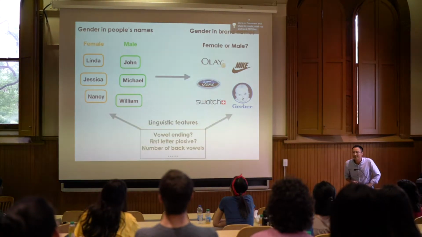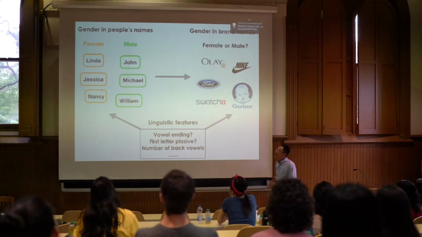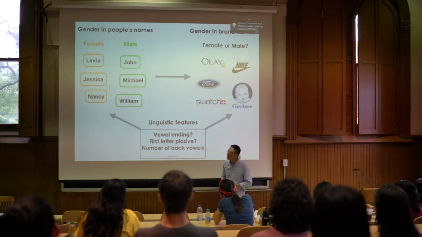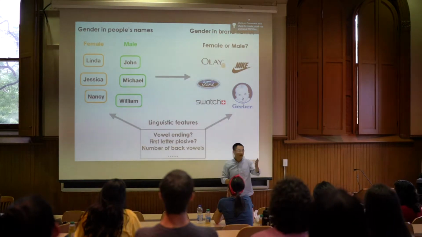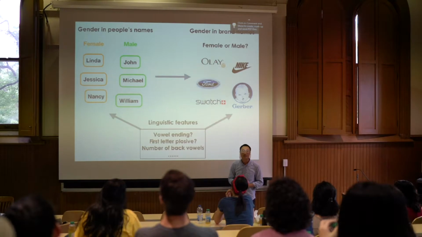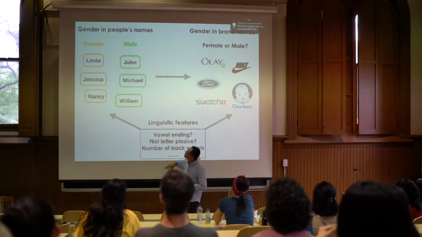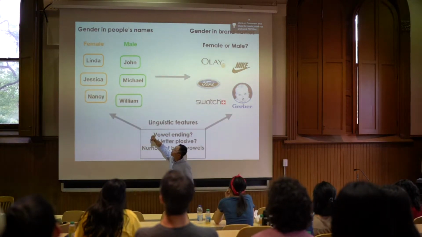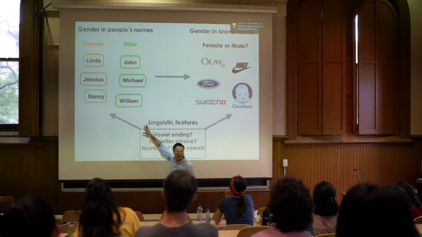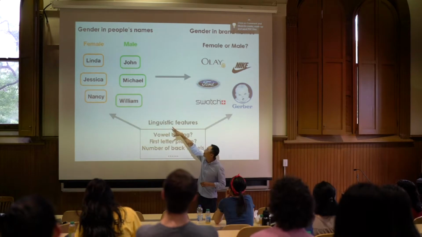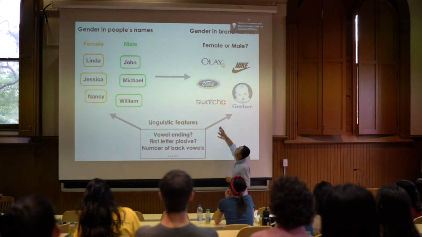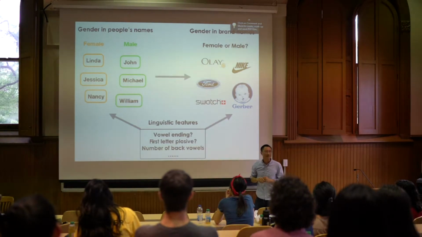All right, so the approach we're going to take is to learn from these names a bunch of linguistic features. For example, vowel ending is one of them, among many other features that we come up with, and to see to what extent we can predict gender in people's names with good accuracy, where ground truth is known, and then transfer that machine learning classifier, if you will, to predict brands' gender.